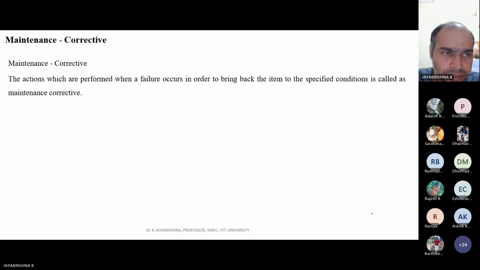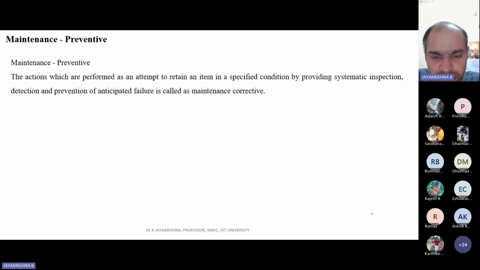Are you able to understand? Yes, sir. Only after the failure has happened, when you do some corrective measures, we call that corrective maintenance. But assuming you anticipate a fever, because you have body pain and other things which may lead to failure, or the climate temperature has suddenly changed from cold to hot and I'm feeling some uneasiness.